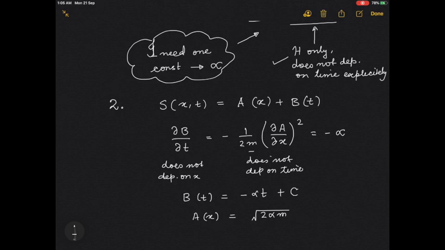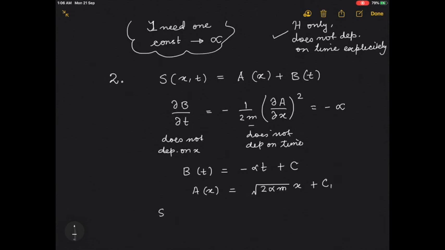That is square root of 2 alpha m, and I have the square of this, so I get a square root of that, and this is again just x plus some c1. So I get S as a function of x and t. This is the solution now, which comes in terms of two constants. That is what was expected.